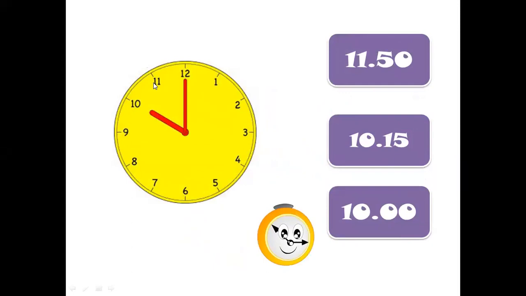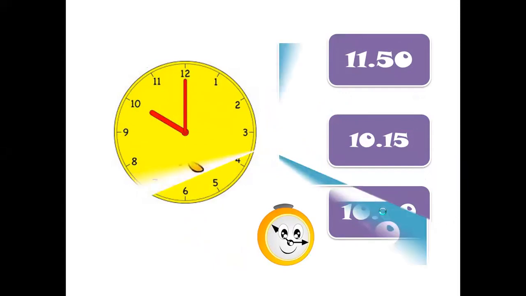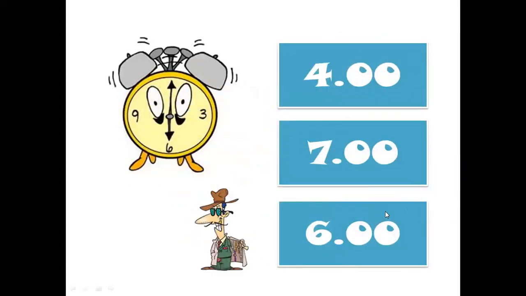Okay, now what is the time? Is it 11:50, 10:15, or 10 o'clock? As you can see, the small handle is on 10 and the big handle is on 12. So it is 10 o'clock.